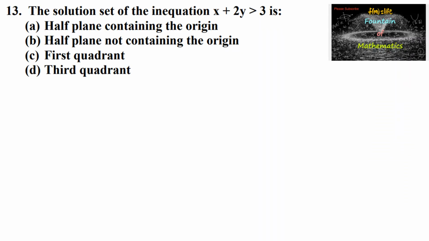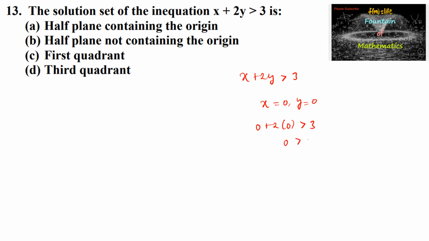The solution set of the inequation x plus 2y is greater than 3: you can just check that with the origin point, substituting the origin, x is equal to 0 and y is equal to 0. So we'll get 0 plus 2 times 0 is greater than 3.